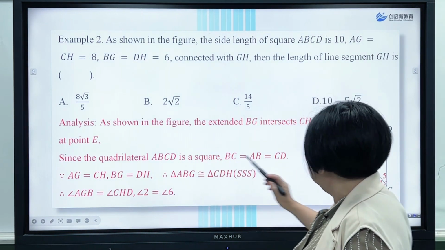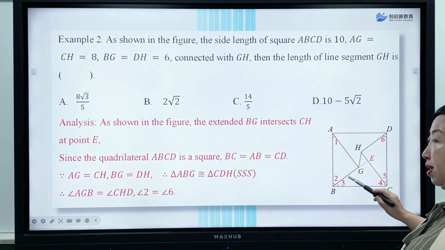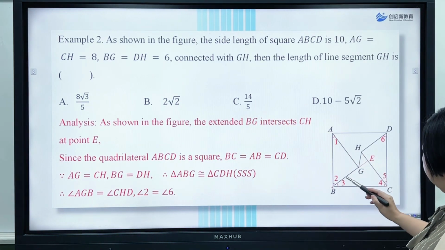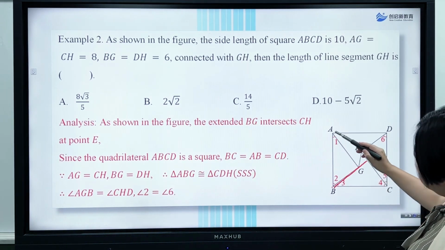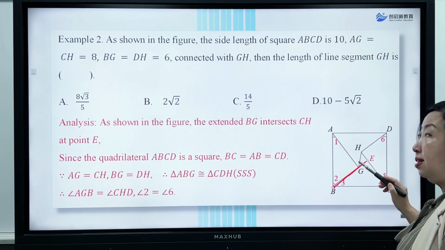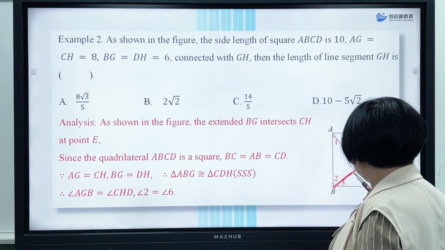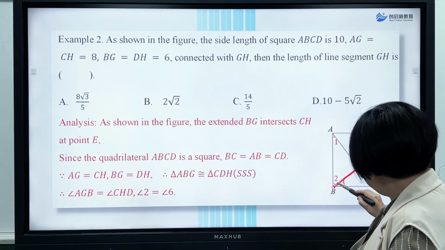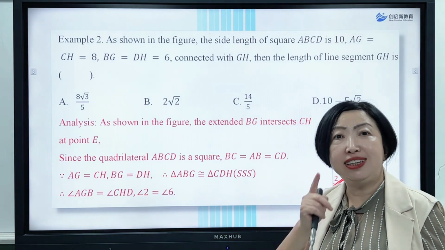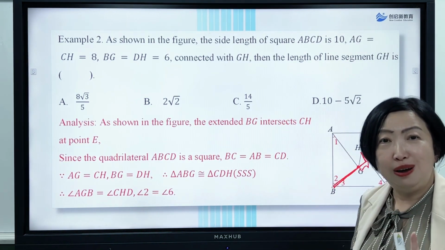So BEC is the same as ABG, right? Okay, so BE equals AG or CH. BE is 8. So BG is 6, and the length of EG is 2. Of course, here HE is which one?